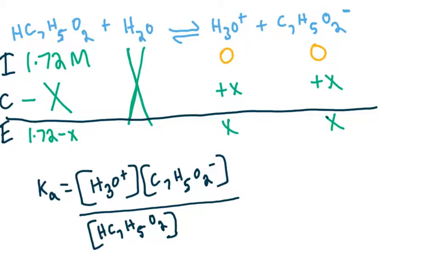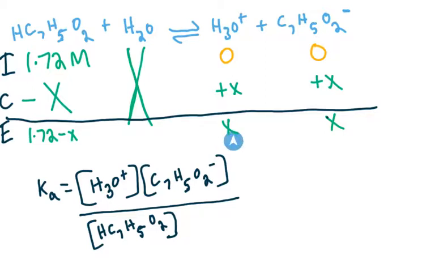Next, we look at what we can do to feed values in here. All we have so far are variables. In our ICE table, we see X concentration for H3O+. We also see an X concentration for our benzoate anion, and we see 1.72 minus X as the concentration value for benzoic acid.